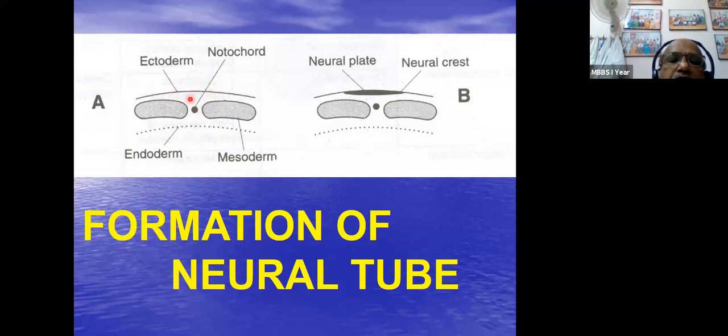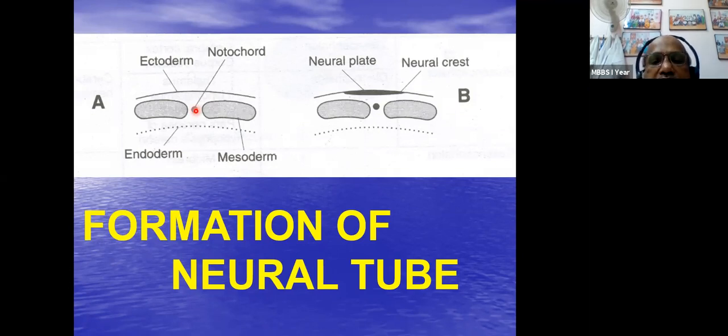What you have to remember throughout your life is that the development of the central nervous system is from ectoderm. The part of ectoderm that gives rise to brain and spinal cord is called neuroectoderm. That neuroectoderm is stimulated by the notochord. That's why notochord is considered the primary organizer for the development of the brain.